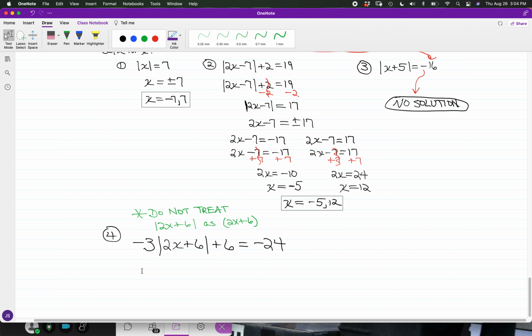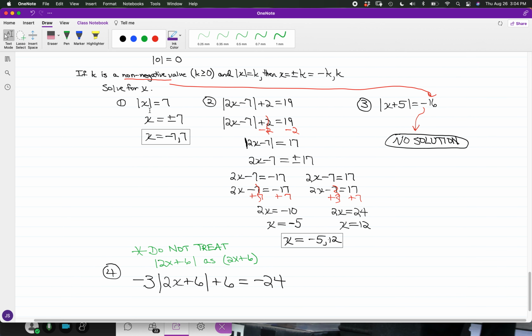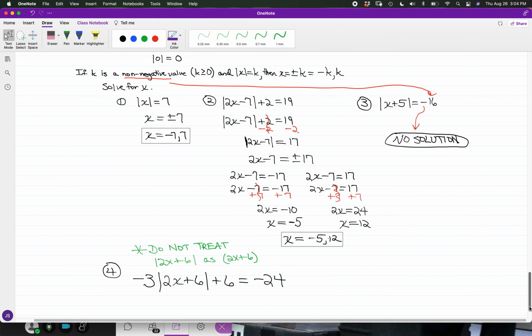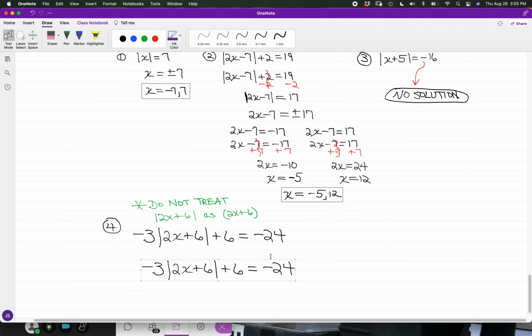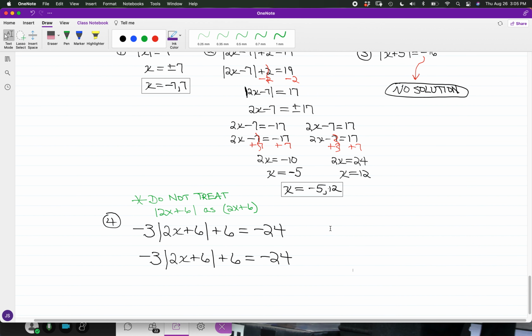Well, if you notice in the prior examples, we had the absolute value term isolated. And we're going to do the same thing here. So we get the absolute value of 2x plus 6 by itself.